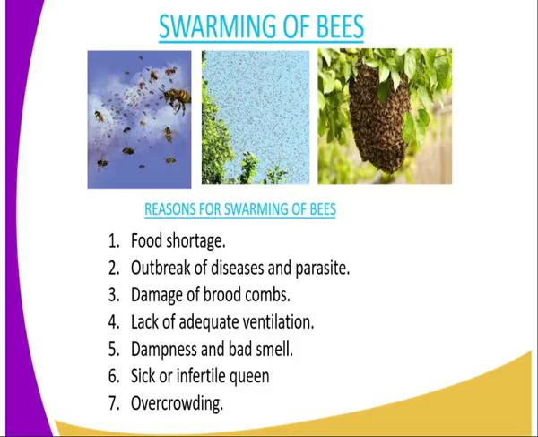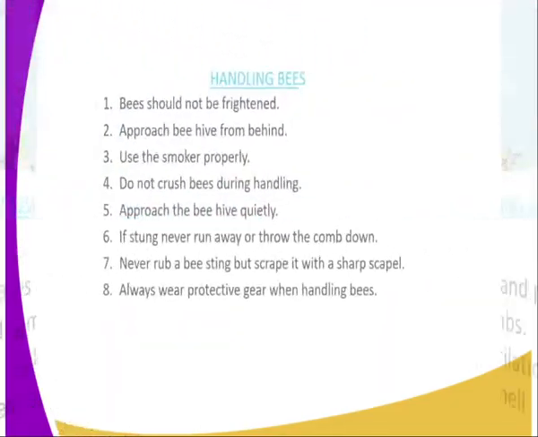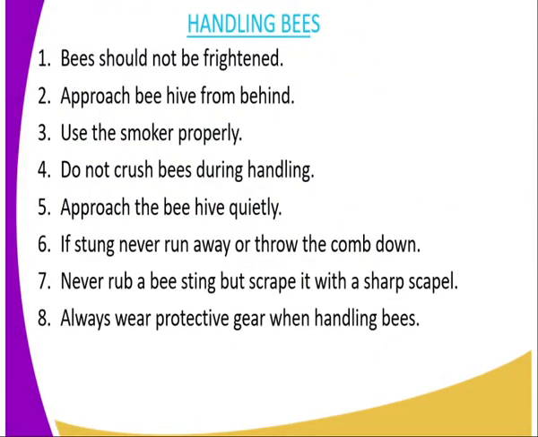Then we have overcrowding. Overcrowding is another reason why the bees swarm away, and whenever there is not enough space, some of the bees swarm away so that they can create more space for the bees which remain in the beehive. Then we have the handling of bees. How are you supposed to handle the bees? Number one, bees should not be frightened.